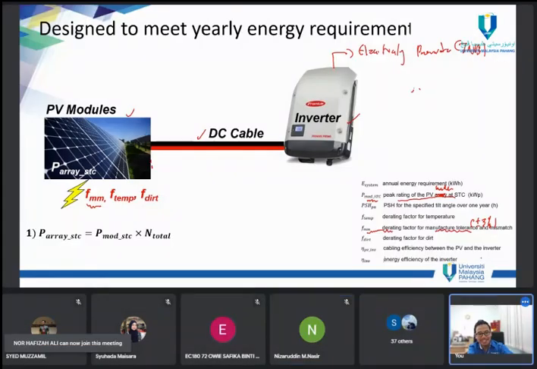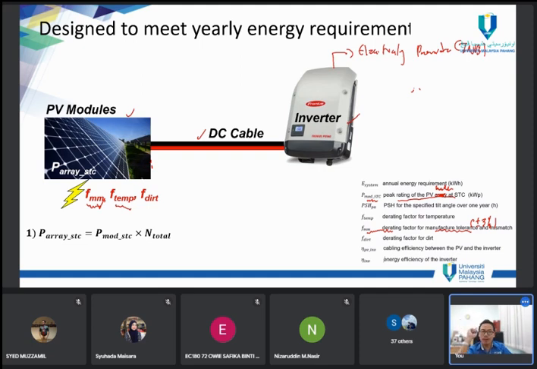Okay. So, we have manufacturing tolerance that we need to consider. It is originally based on the fabrication; the manufacturer already has this kind of rating factor, FMM. Next, FTEM.